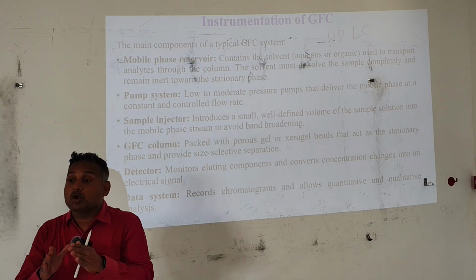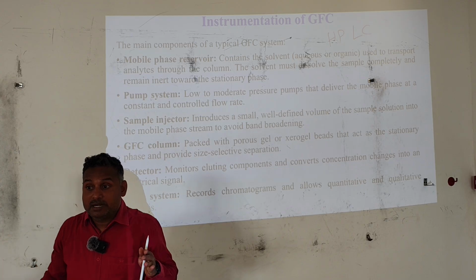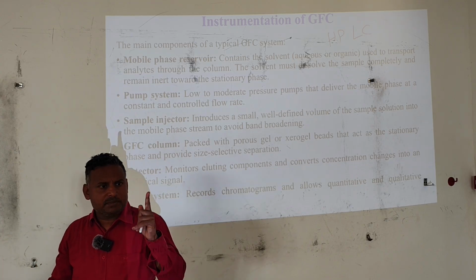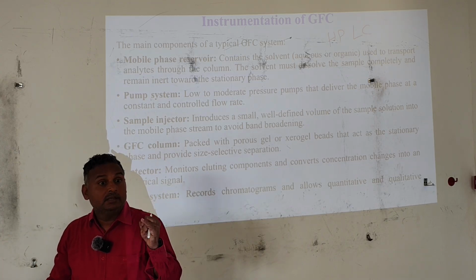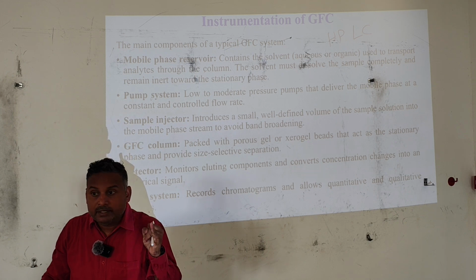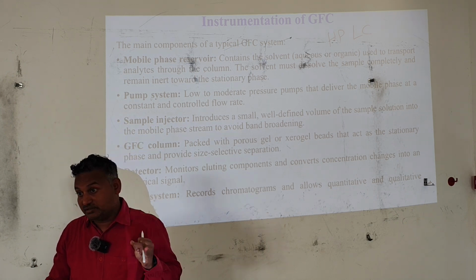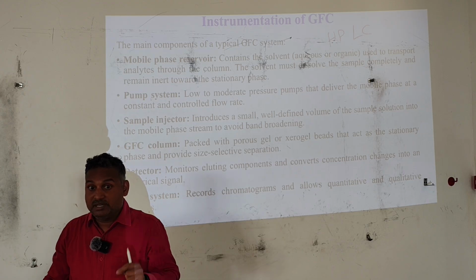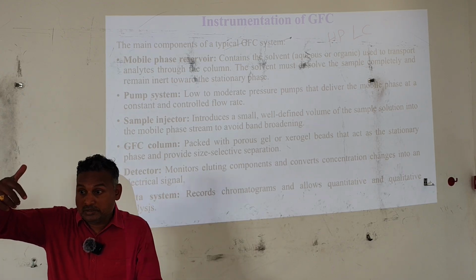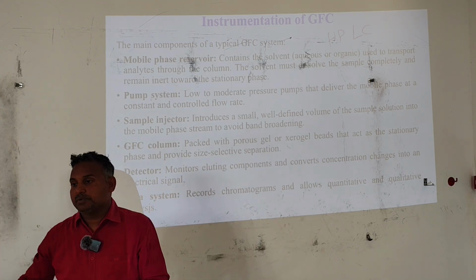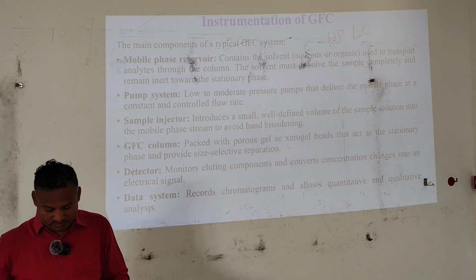It will avoid band broadening. As I told you in the first chapter, we need little band broadening and maximum band separation. One of the parameters here is the way you inject the sample into the instrument.